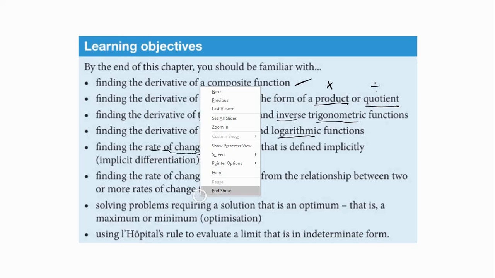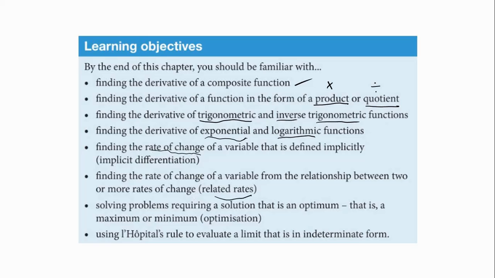That's what is known as related rates. Solving problems requiring a solution that is optimum, that is, a maximum or a minimum. That's called optimization. And finally, using L'Hopital's rule to evaluate a limit that is in indeterminate form.